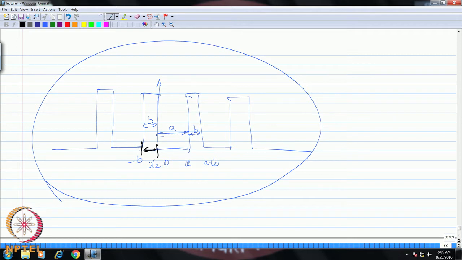Okay. So, this is one unit cell representation. So, I will just mark the unit cell here. So, this is going to be the unit cell or periodic potential inside the crystal.